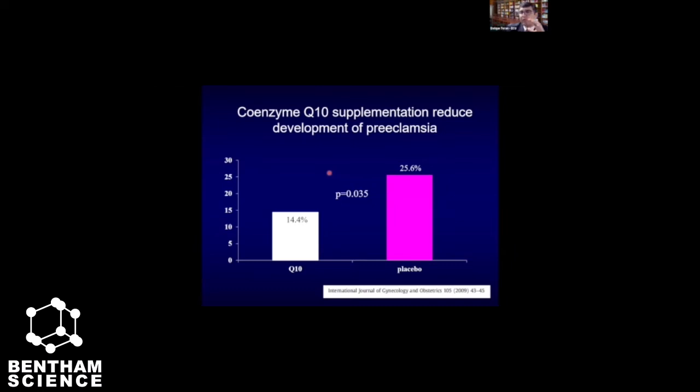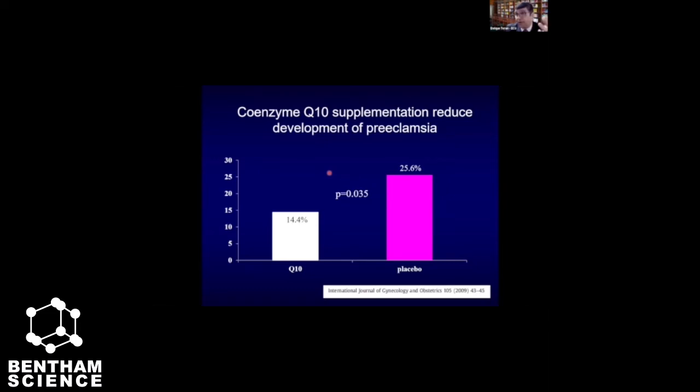We were able to demonstrate that supplementation of Q10 was able to reduce almost by half the incidence of preeclampsia in our clinical trial. That was a very significant reduction, and that is something interesting to try to explore.